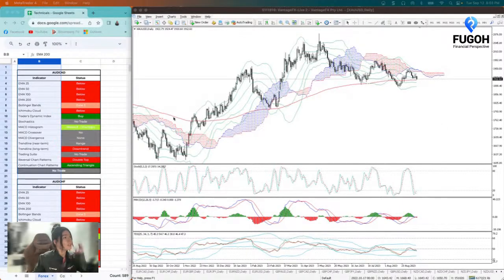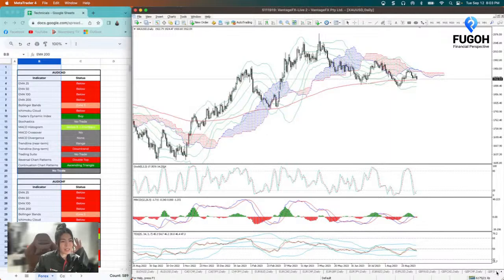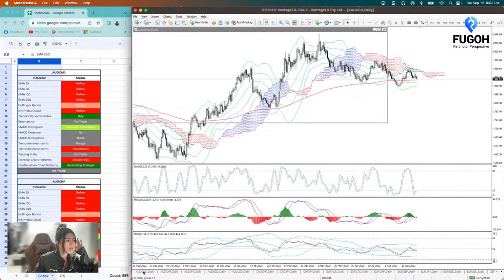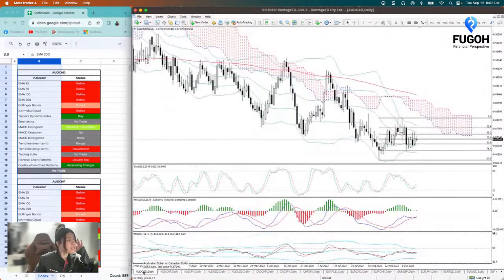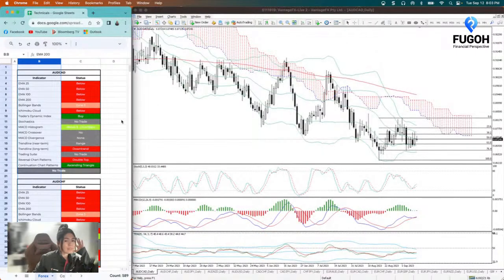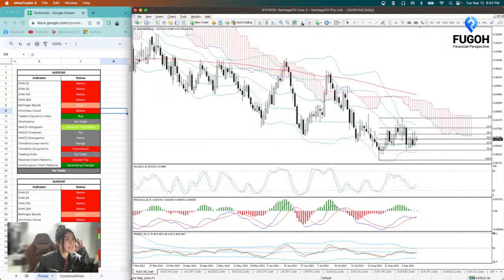None. All right. So let's start with alphabetically. This is just the easiest way to do it. Let's start with all of the forex pairs alphabetically. So let's start with AUD CAD.